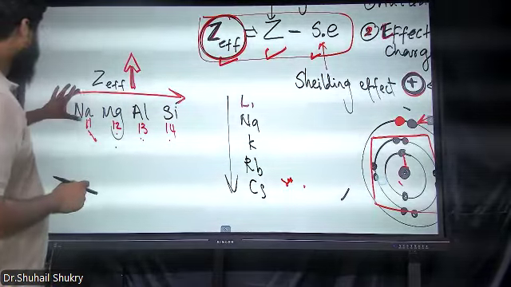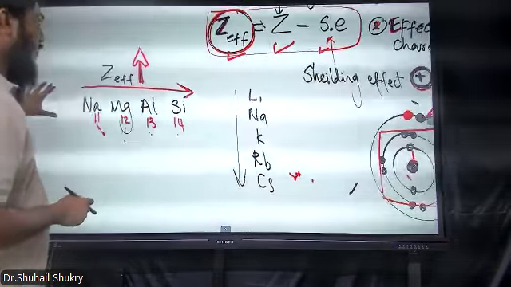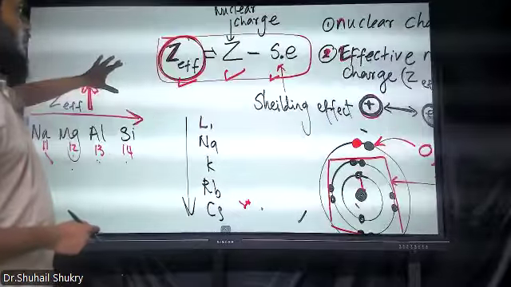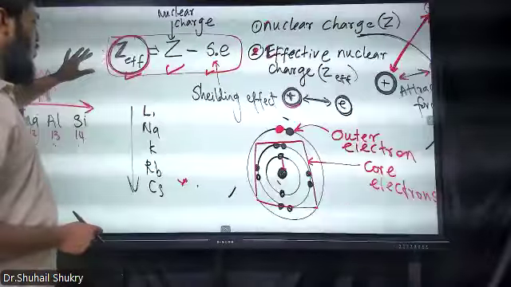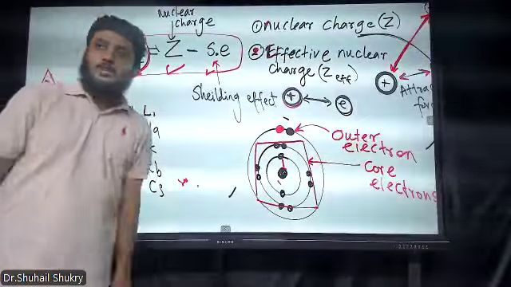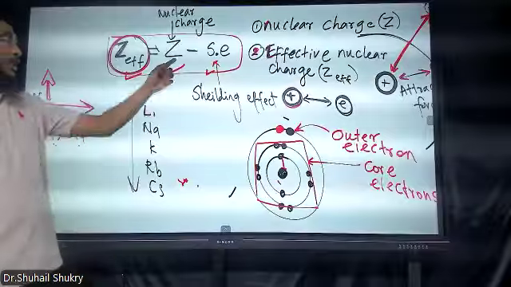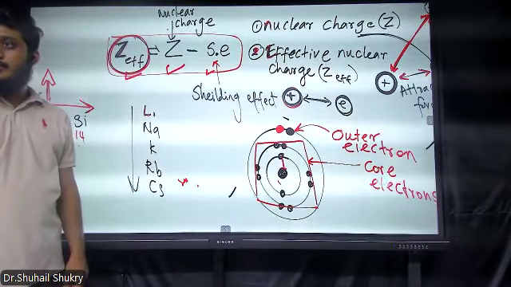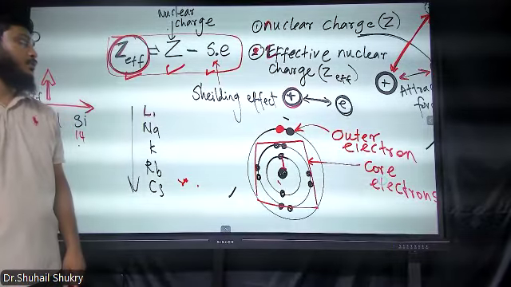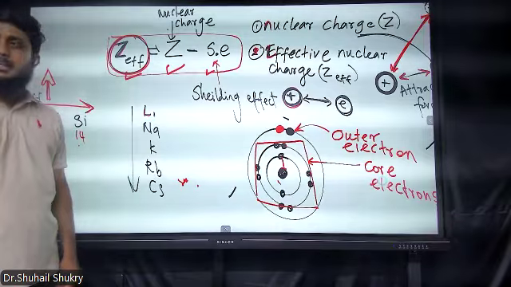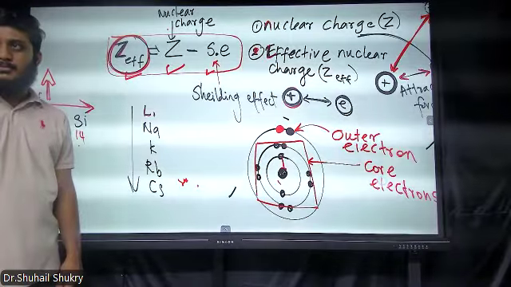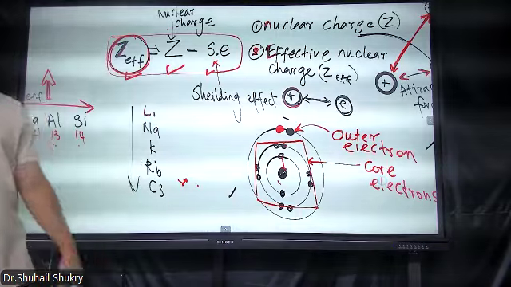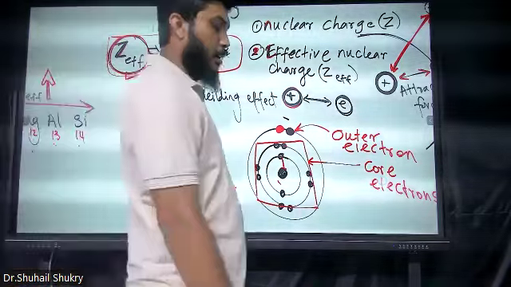Right. When you are going down the group, just think what will happen to the nuclear charge and what will happen to the shielding effect. When you are going down the group, nuclear charge will increase. The number of protons is increasing, so the nuclear charge also will increase.